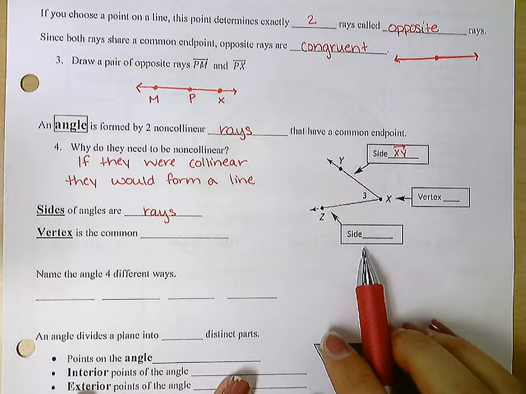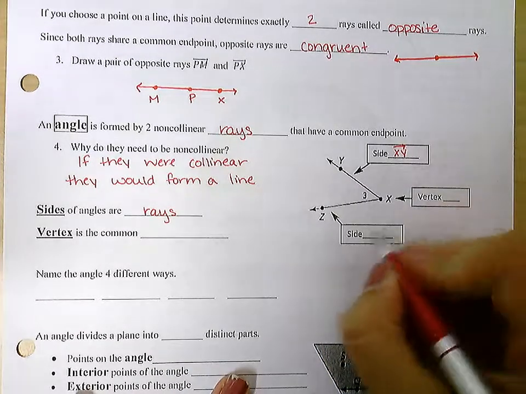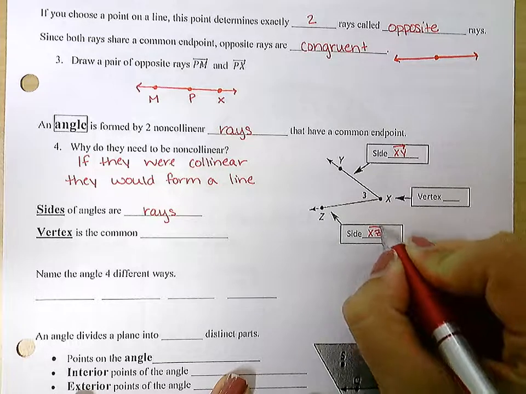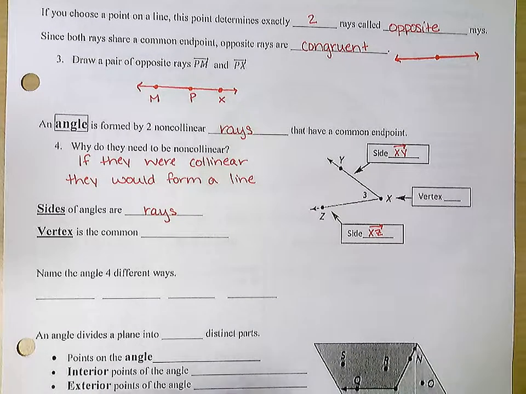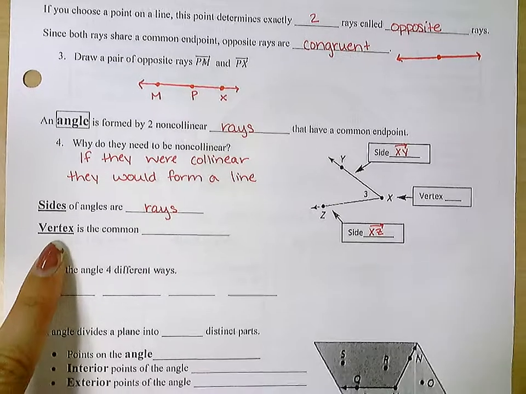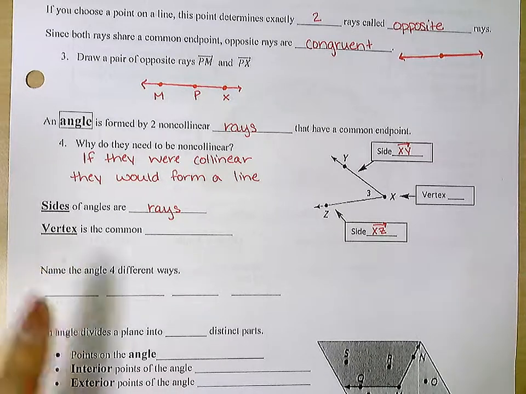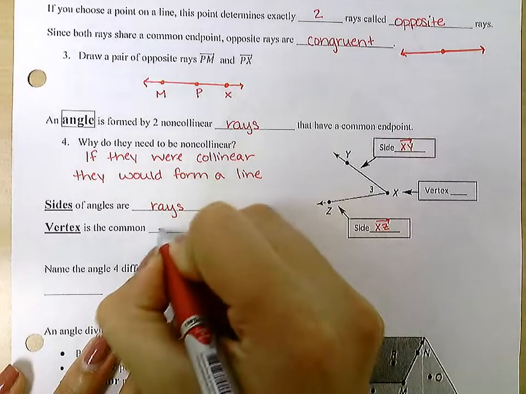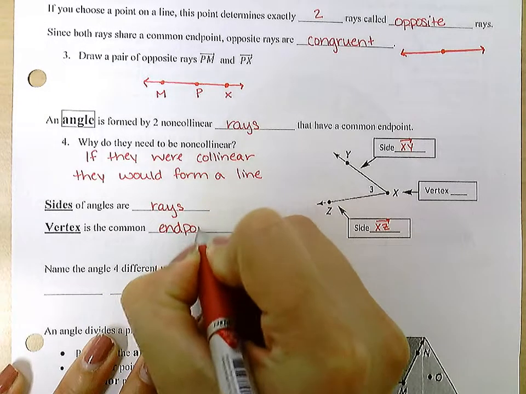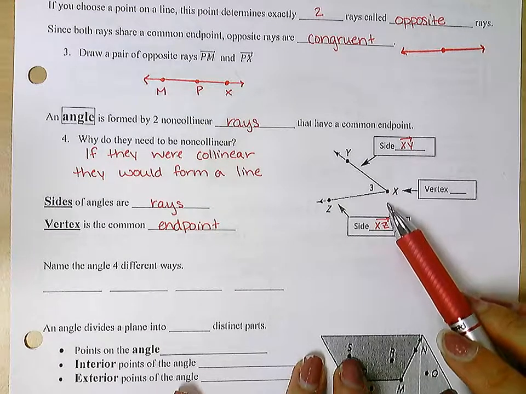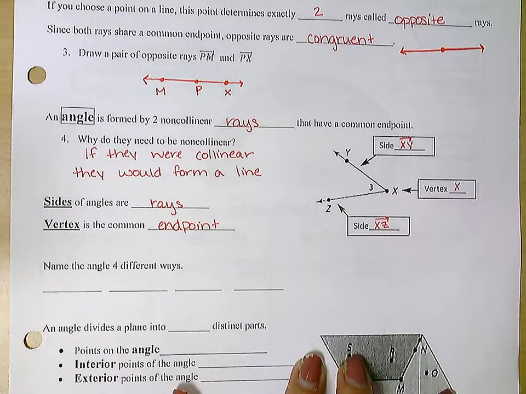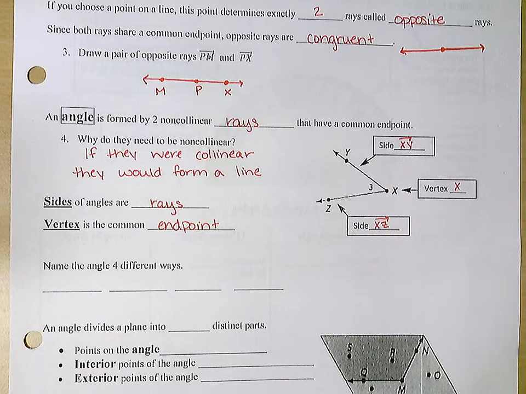My other side here would be ray XZ. We also have a vertex of an angle. That vertex is the common endpoint. Our common endpoint of both of our rays here is point X. So we have a vertex named X.